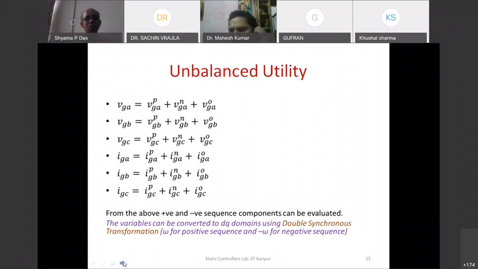And the zero sequence component does not require any transformation because the zero sequence components are cophasal, they don't rotate. So these are the three sequence components. We have the voltages and we have the currents. The grid is supplying three-phase voltages and three-phase currents, which have been broken down into positive, negative, and zero sequence components. Next slide, please.